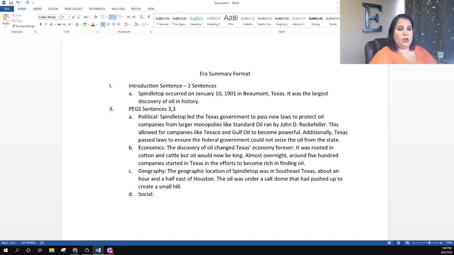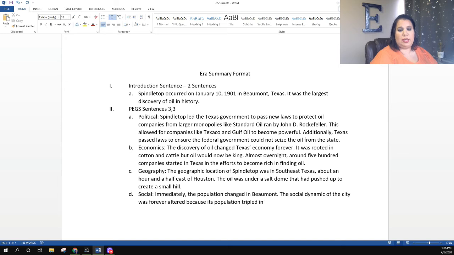Now let's do S for social. Immediately the population changed in Beaumont. The social dynamic of the city was forever altered because its population tripled in about a month.